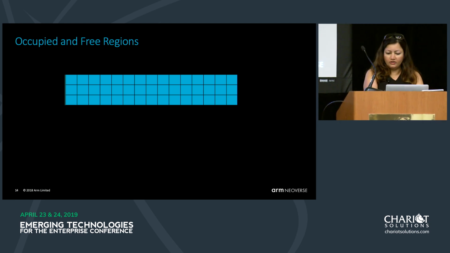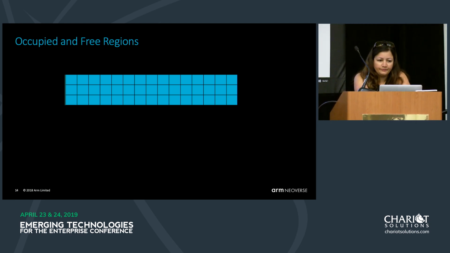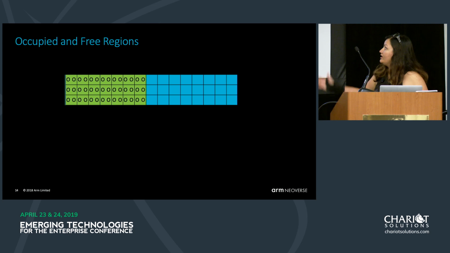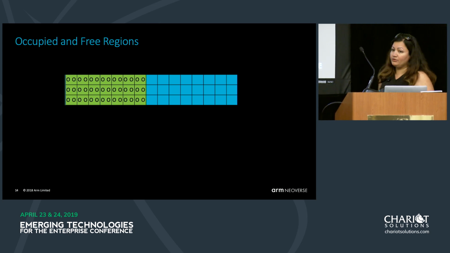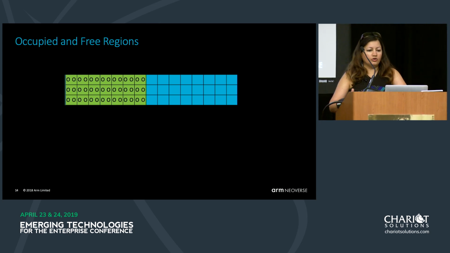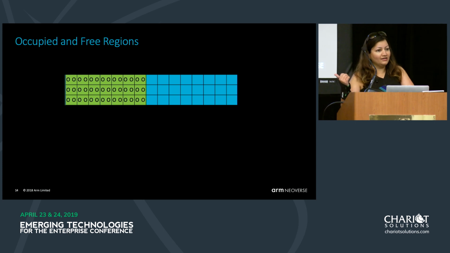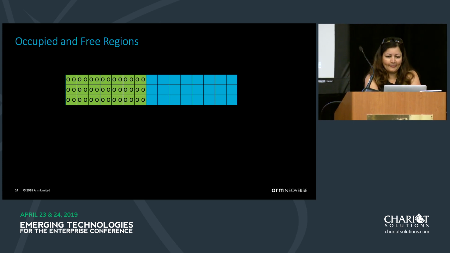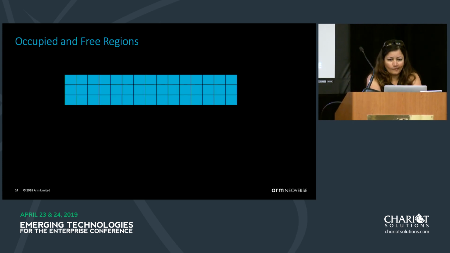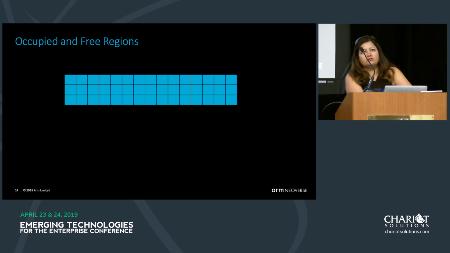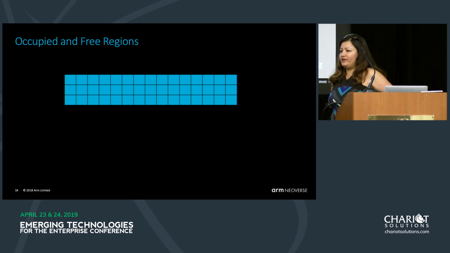So you have your regionalized heap here, and then we have these objects in the from space. What we say is those are the occupied regions, the ones in green. How would this look in reality?